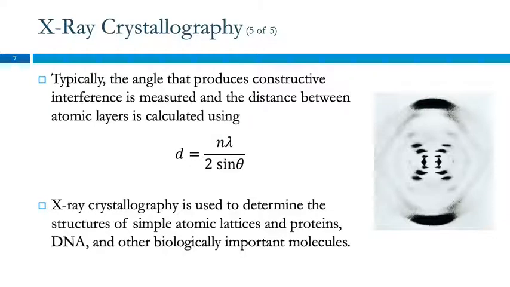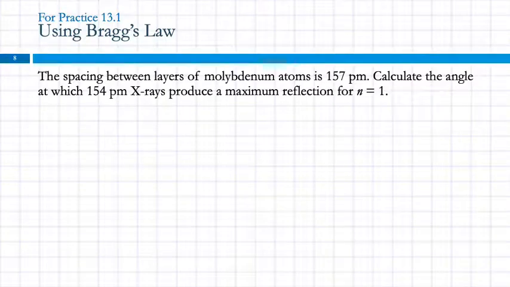So an example of a Bragg's law problem: the spacing between layers of molybdenum atoms is 157 picometers. Calculate the angle at which 154 picometer X-rays produce a maximum reflection for n equals 1. So we'll pull these numbers out.